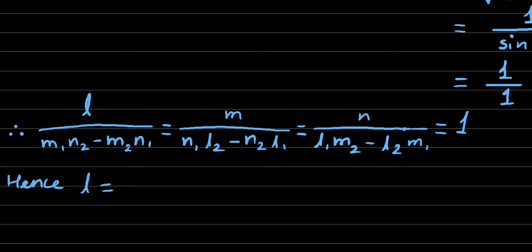So now comparing each fraction with 1, we'll get, therefore, L will be equal to 1 into M1 N2 minus M2 N1, means simply this quantity.